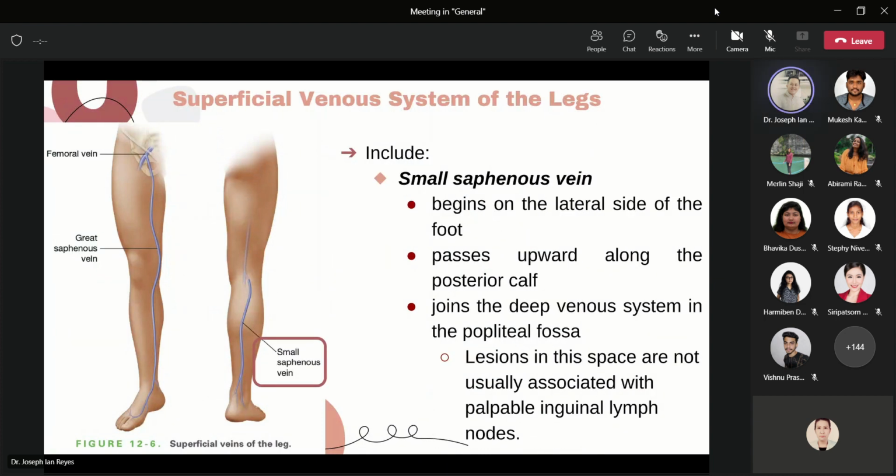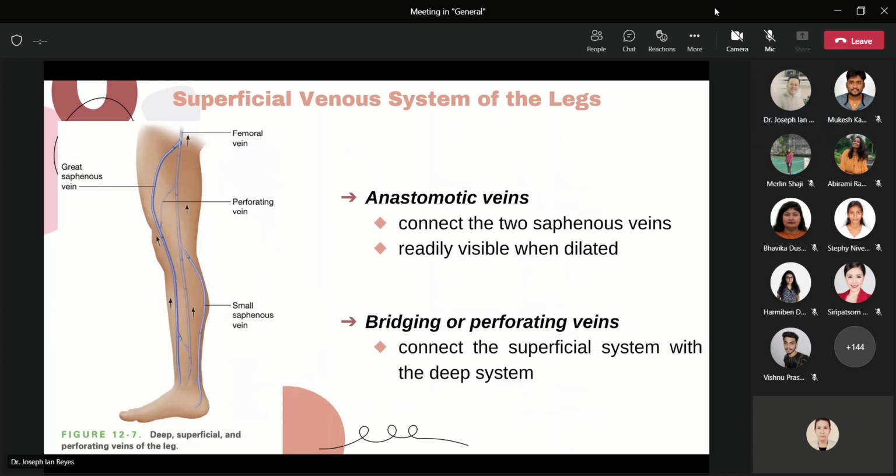So next would be your small saphenous vein. It begins in the lateral side of the foot, then passes upward along the posterior calf and joins the deep venous system in the popliteal fossa. So lesions in this space are not usually associated with palpable inguinal lymph nodes. You have your anastomotic veins.